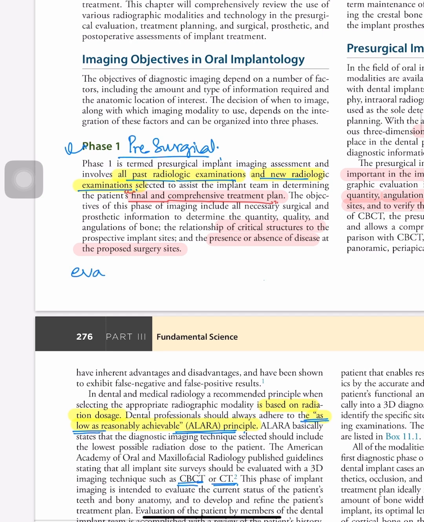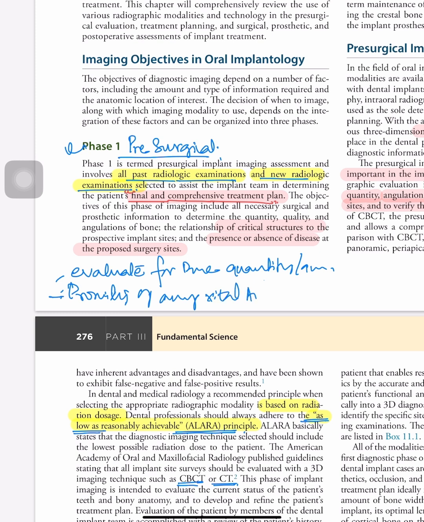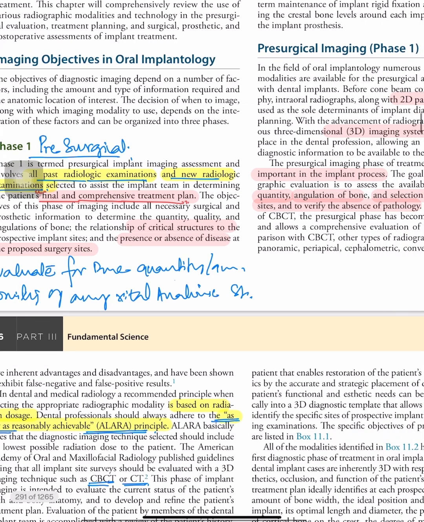Evaluate for bone quantity and quality, proximity of any vital anatomic structure, or for any pathology.